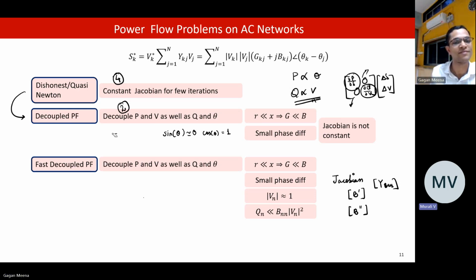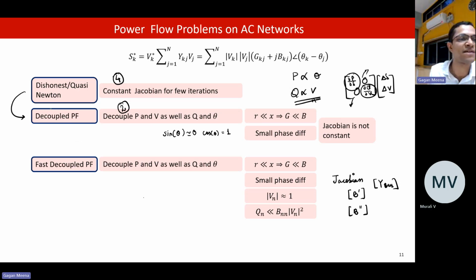The number of iterations will not increase in that proportion. If you multiply time per iteration into number of iterations, the reduction in time per iteration is much more than the increase in the number of iterations. That's why overall it is helping us.